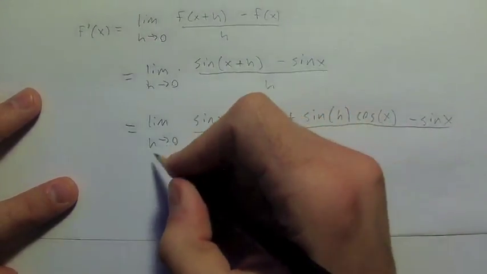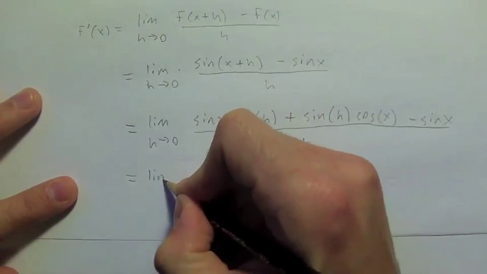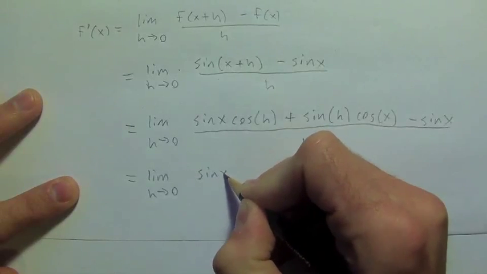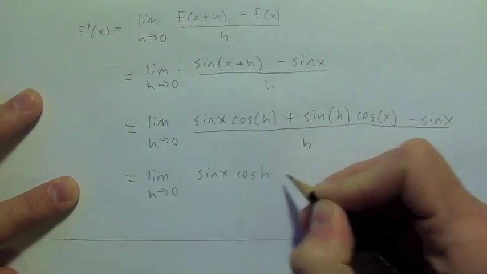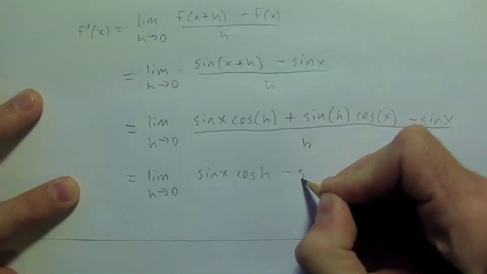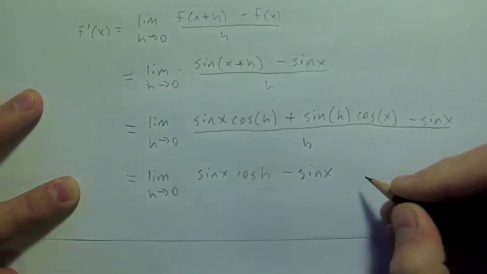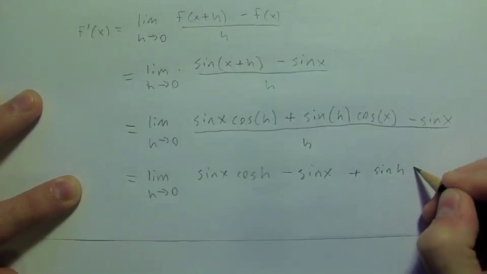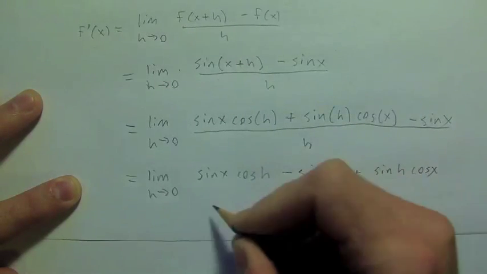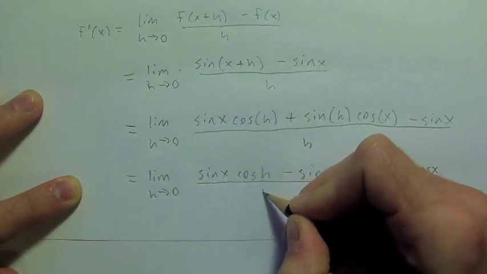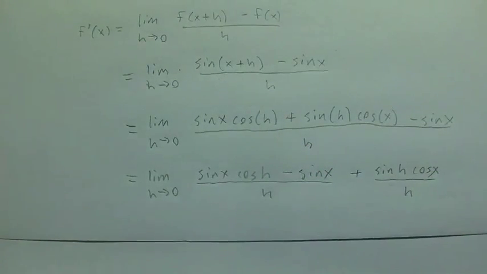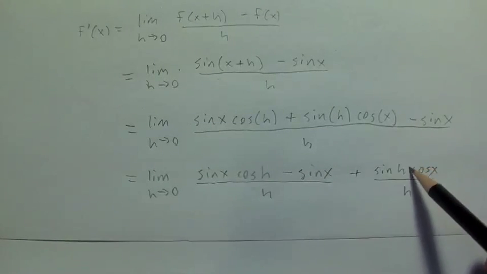Okay. So I'll get the limit as h goes to 0 of sine x cosine h minus sine x, plus sine h cosine x, and I went ahead and broke up this fraction. Now the reason is, take a look at this piece.